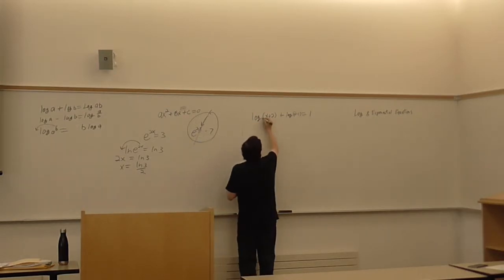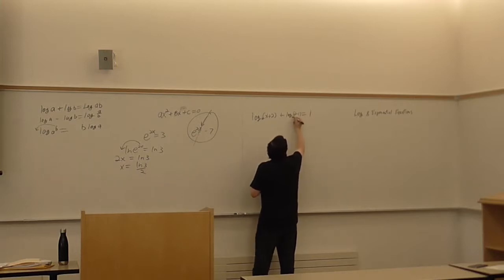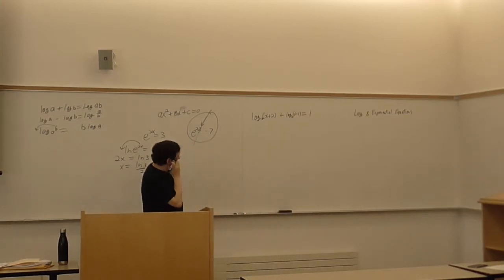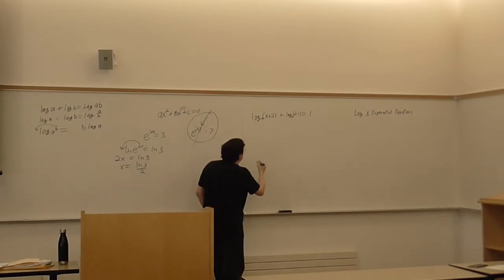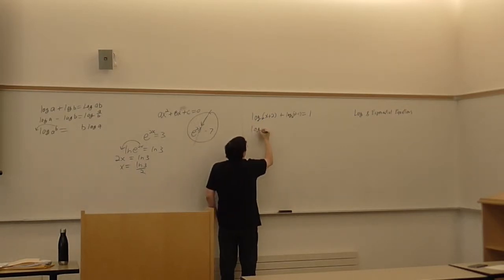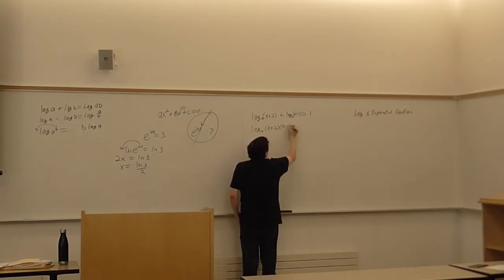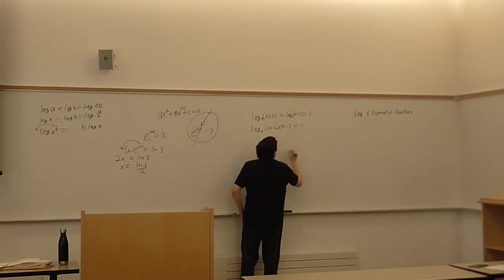And this is log to the base 10. So, okay, I apply my logs. It's the log to the base 10 of x plus 2 times x minus 1. That equals 1.